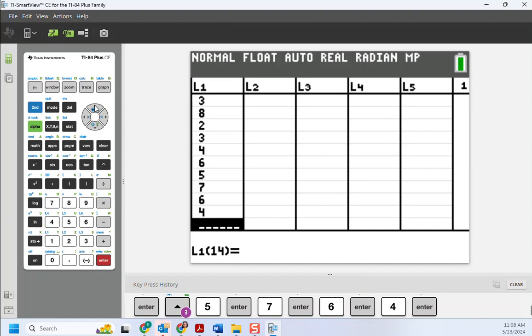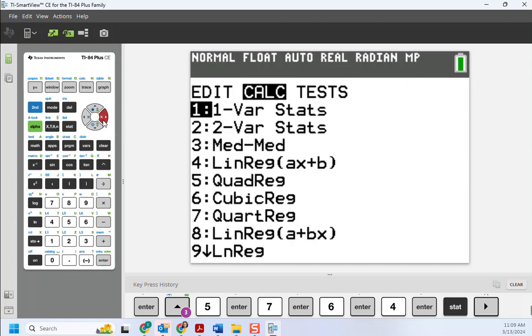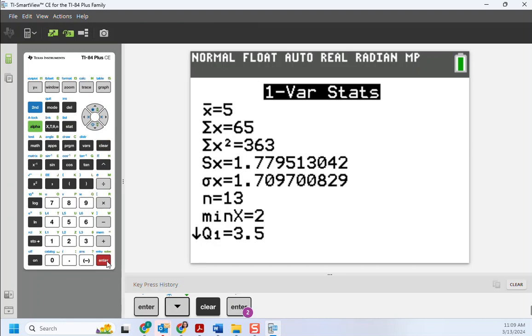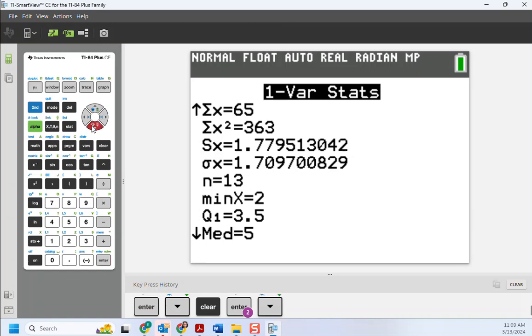Okay. When I do stat calculate and one variable statistics, I need to take off my frequency. I don't have a frequency, so I'm going to clear that out. Okay. And so let's get these numbers. The median is down 1. So the median's 5. Quartile 1 is 3.5.